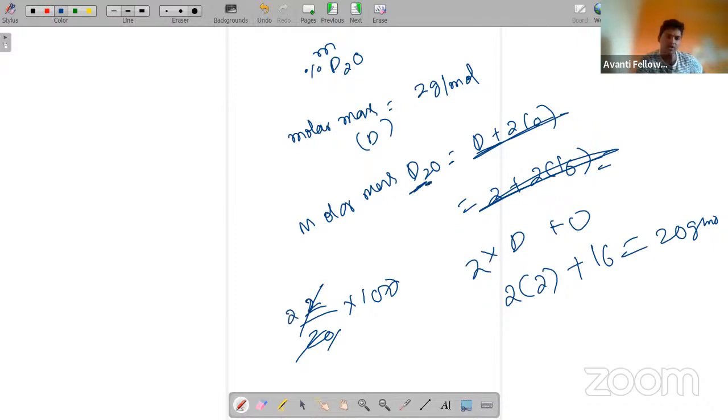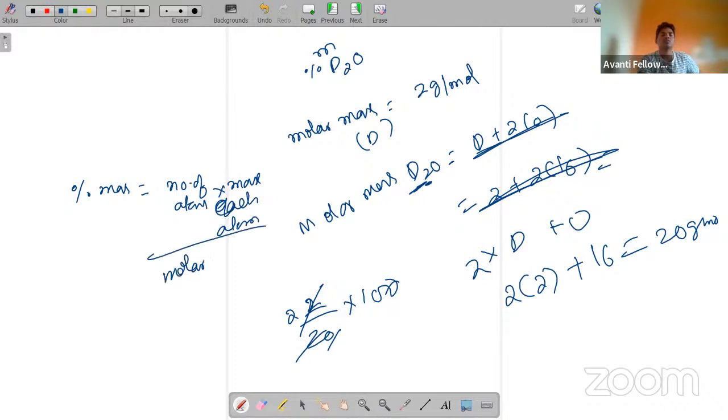Remember, guys, how to find the mass percentage? Mass percentage can be calculated by number of atoms into mass of each atom, divided by the molar mass, into 100.